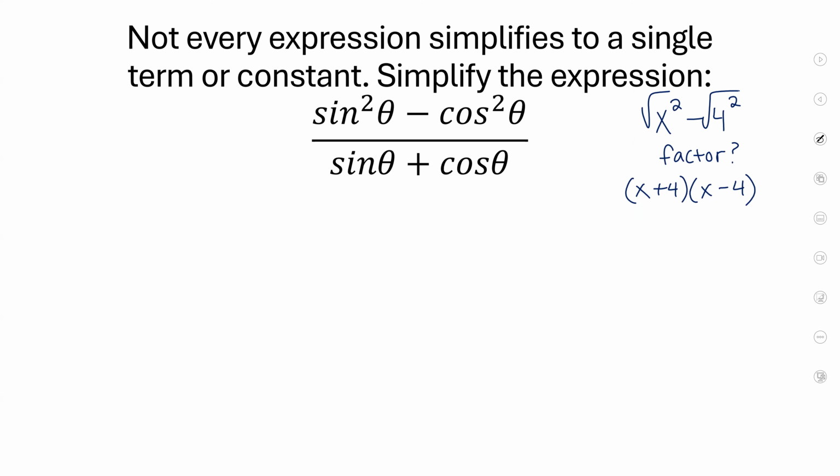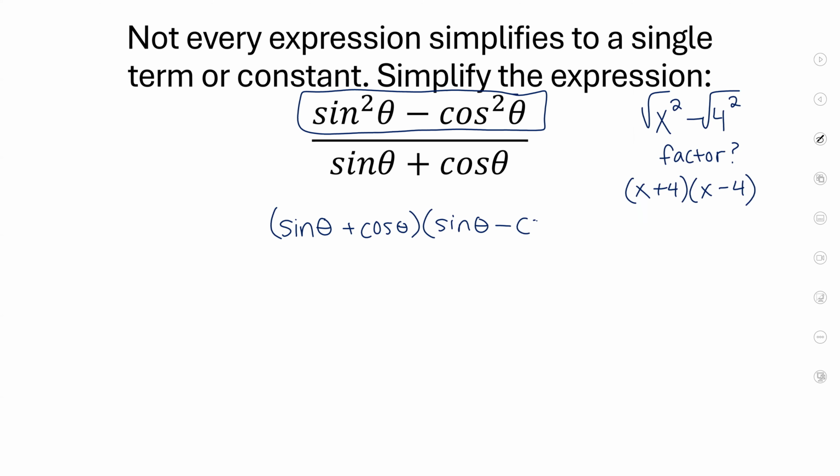I'm going to use the same concept over here. I'm going to factor the numerator. So my numerator factored will be sine theta plus a cosine theta, and then a sine theta minus a cosine theta. This is still a difference of squares.